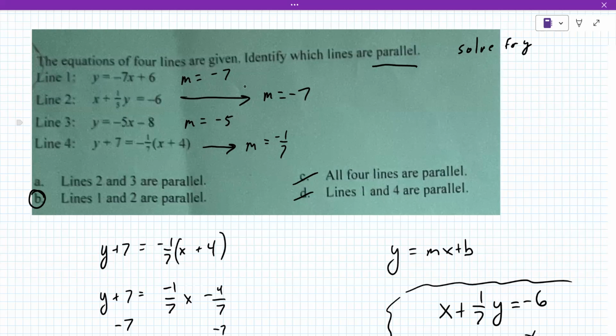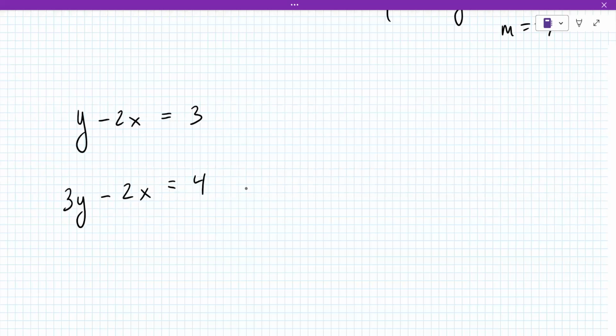No, but I think we should try some maybe. Okay, so let me give you some equations here. y minus 2x equals 3. 3y minus 2x equals 4. x equals y minus 2.